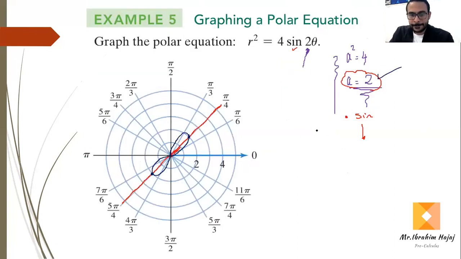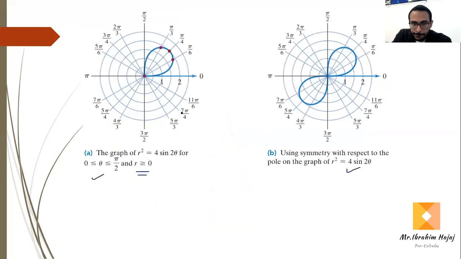Yes, it always moves pi over 4 every time, because the angle is still 2 theta. You can find more points: pi over 6, pi over 4, pi over 3, and use the symmetry to find the other points.